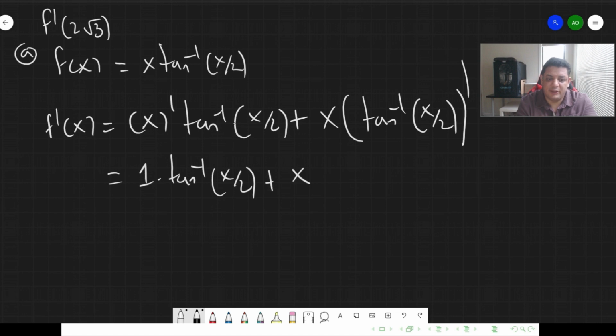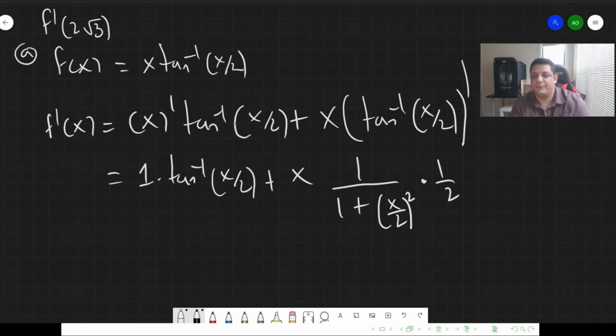And then we have the derivative of tangent, which we know is 1 over 1 plus x squared. But now we have composed with x half, so it's going to be x half squared. Then we multiply by the chain rule, which is the derivative of x half, so 1 half. This now gives me the full product rule for this.